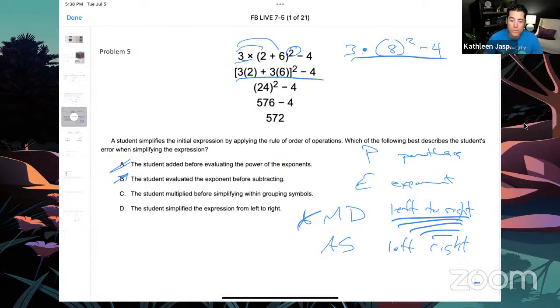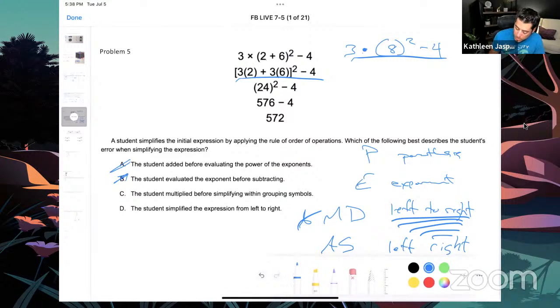C says the student multiplied before simplifying within grouping symbols. Okay, so within grouping symbols, that's just fancy math talk for our parentheses. This right here represents our grouping symbols, and he multiplied. That means he took this 3 and multiplied it to these before doing the 2 plus 6.